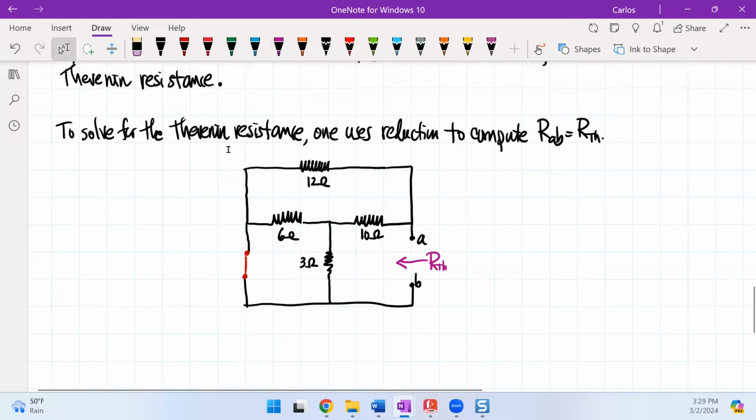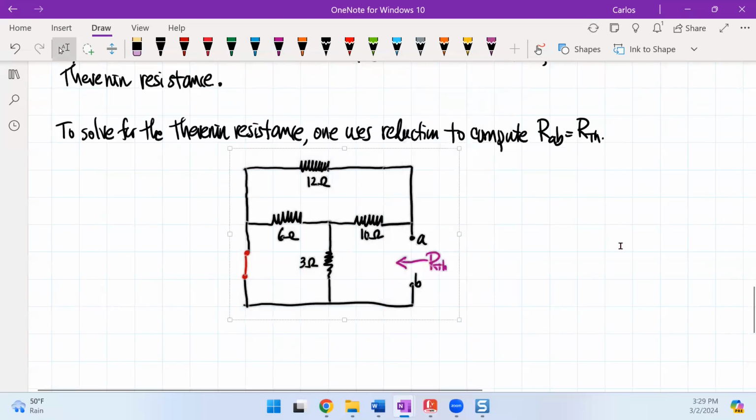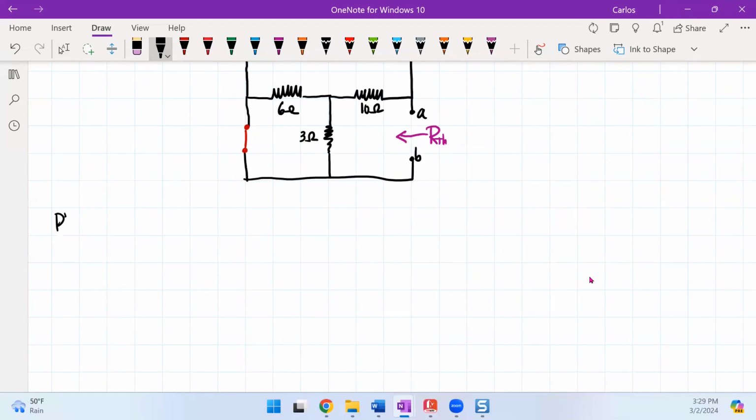So if I look at the circuit, I could imagine that I place an ammeter at AB to read the resistance.